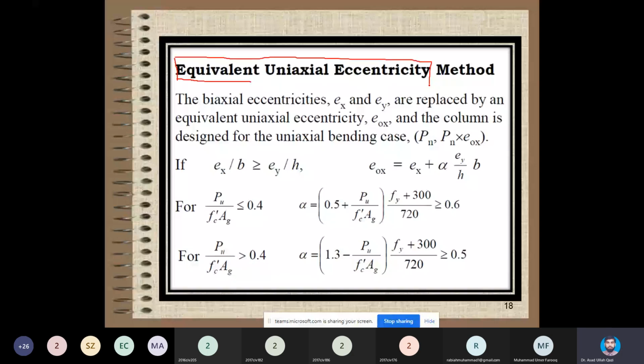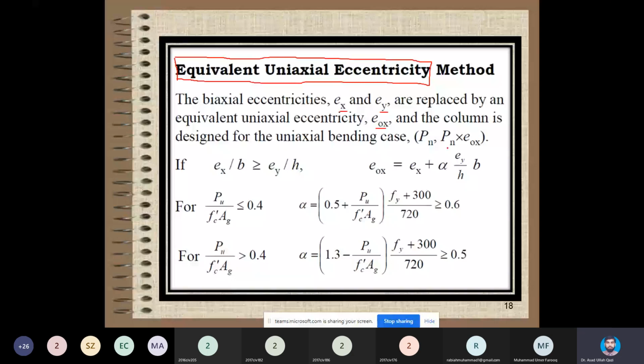So the idea is that biaxial eccentricities Ex and Ey are replaced by an equivalent uniaxial eccentricity E naught x, and in some cases maybe E naught y, and the column is designed for this equivalent uniaxial bending, which will be the load on the column multiplied by that calculated equivalent uniaxial eccentricity.